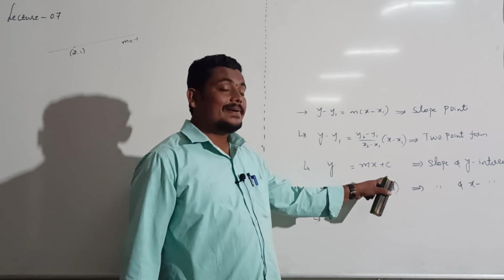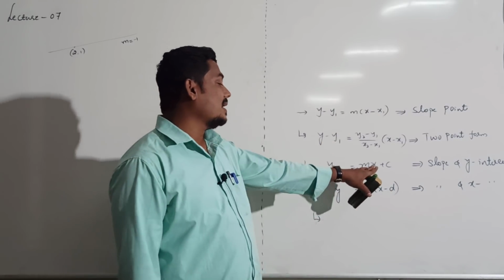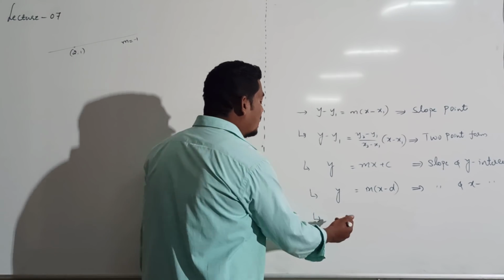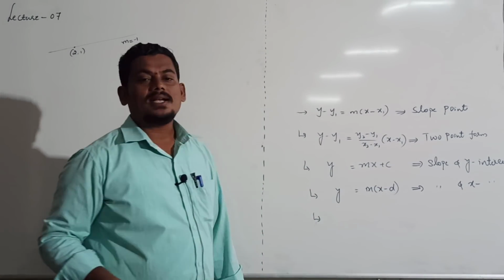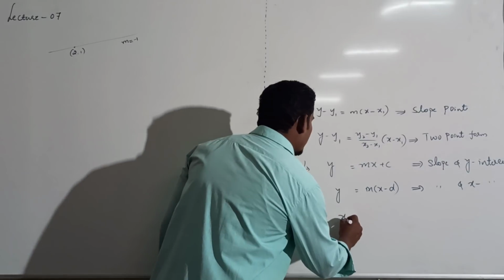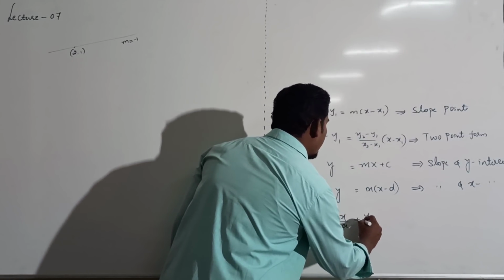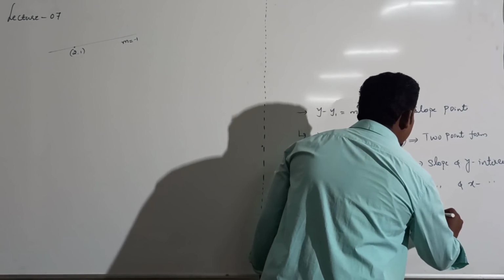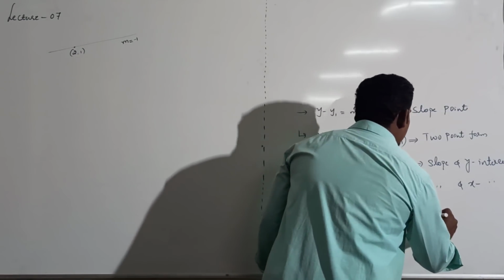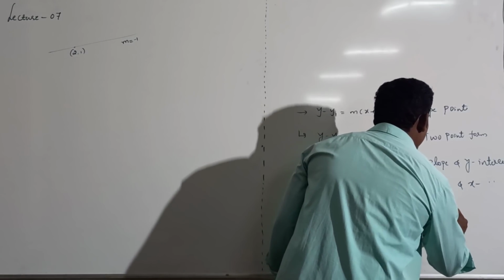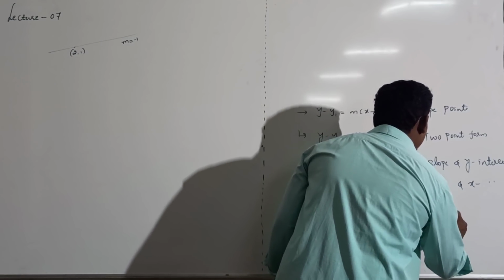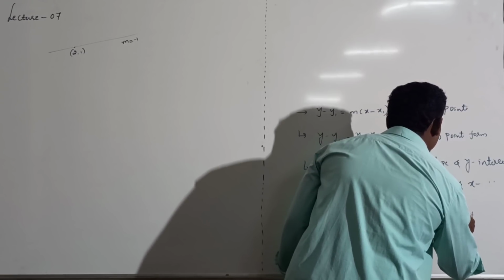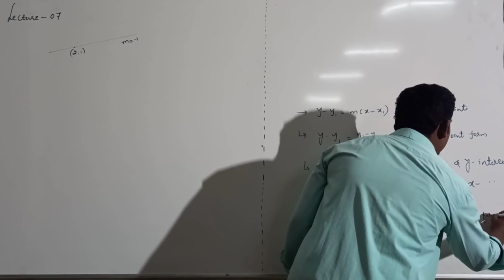One intercept and slope is given, then apply any one of the form. Whenever both x intercept and y intercept are given, x by a plus y by b equal to 1. Whenever both the intercepts are given, it is intercept form, right?